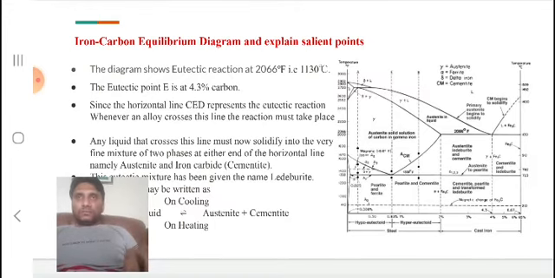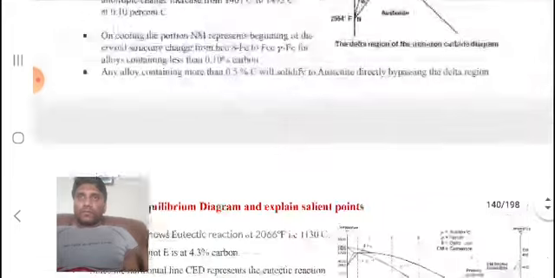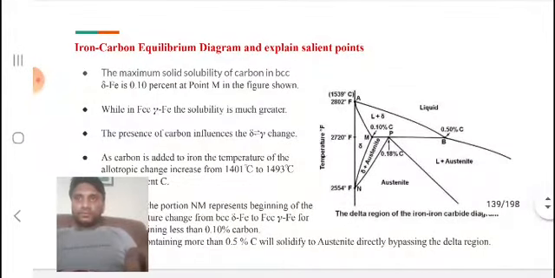So the diagram: the maximum solid solubility of carbon in BCC delta iron is 0.10% at point M, that is what we have discussed in the previous video, while in FCC the solubility is much greater. How much? Any guesses?